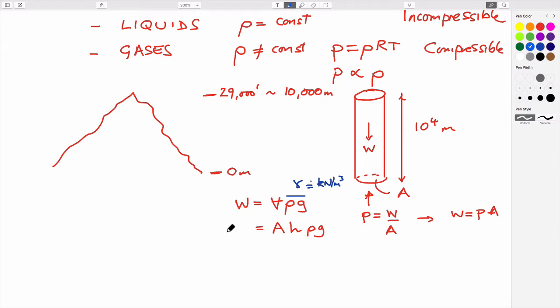So if we do that, then this is pressure and area. I love using these different colors. We lose this, and we have pressure being equal to the height times rho G, which is the same as the height times the unit weight of the fluid.